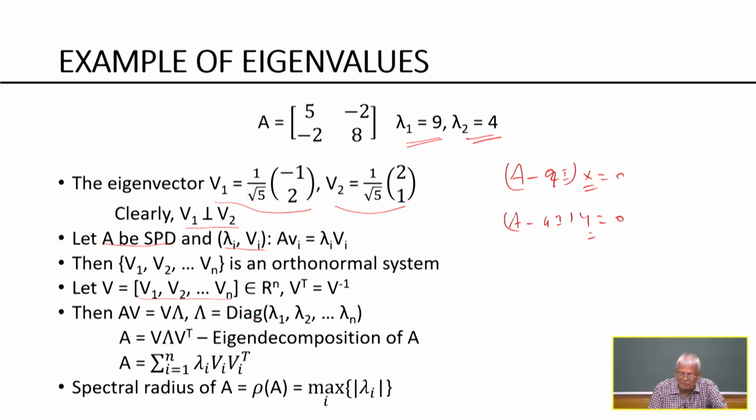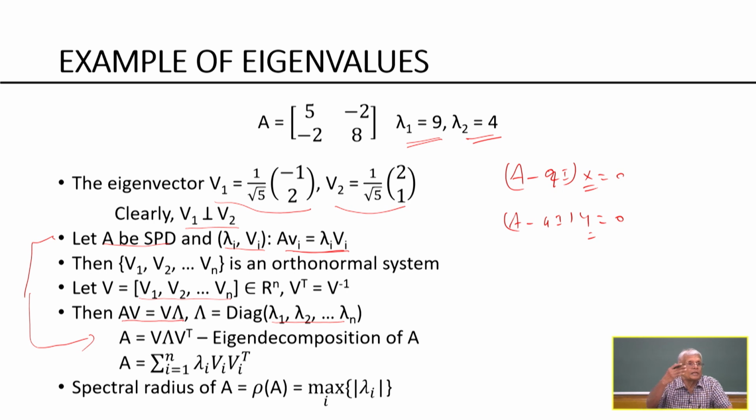Lambda is a diagonal matrix of n eigenvalues: lambda 1, lambda 2, up to lambda n. Therefore, A vi equals lambda i vi, this is element-wise. Collectively, I can represent AV is equal to V lambda, where lambda is diagonal.